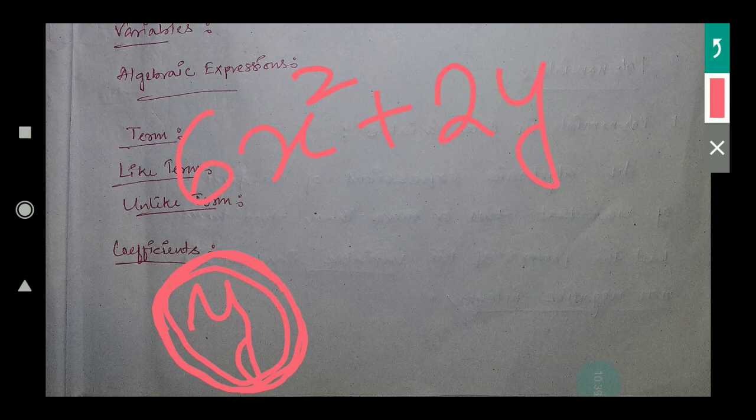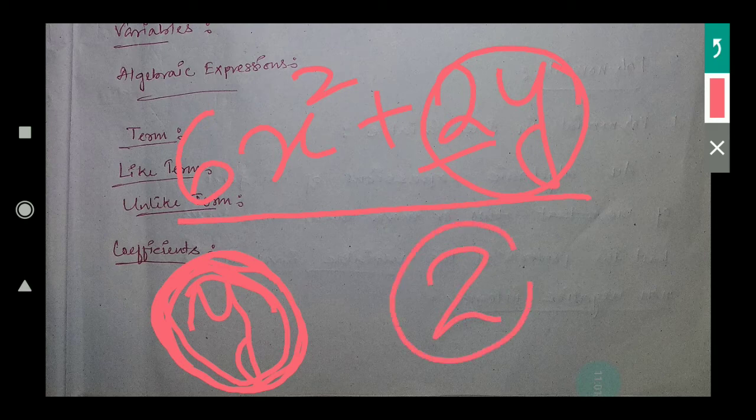Suppose in the question the coefficient of y is asked, first of all you find in this algebraic expression where this y is. In this case your y is there. Now you have to check what numerical factor or literal factor is multiplied with this y, that is the coefficient. With y, 2 is multiplied, so 2 is the coefficient of y. Take another example.